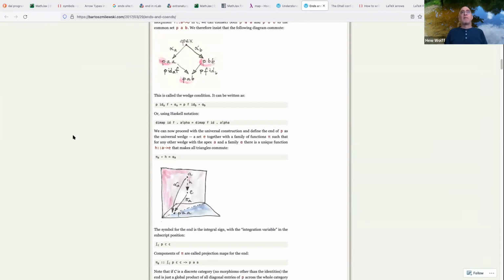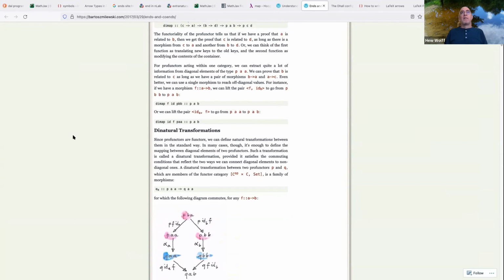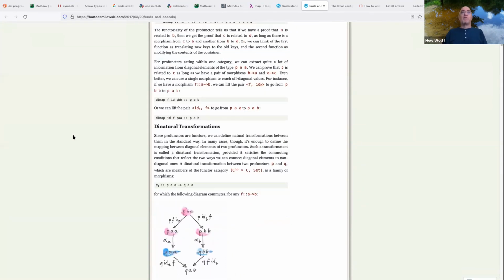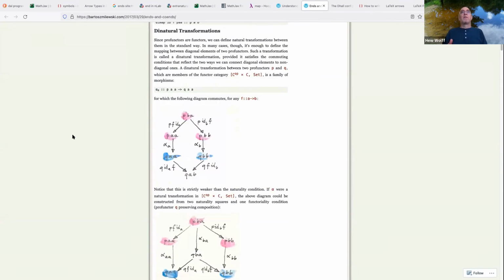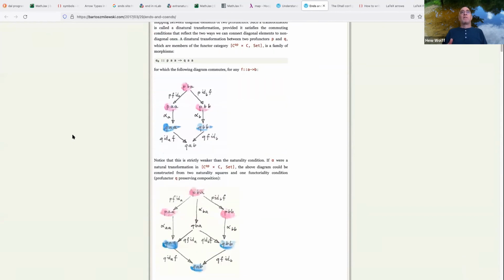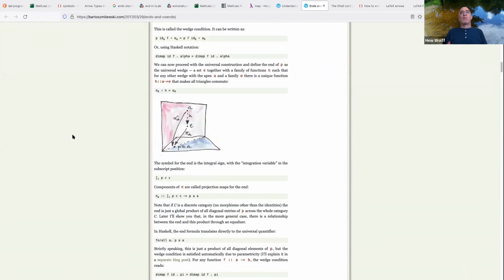I mean, I didn't see a list of, okay, here's a profunctor and here... well, okay, I guess we did do natural transformations, right?